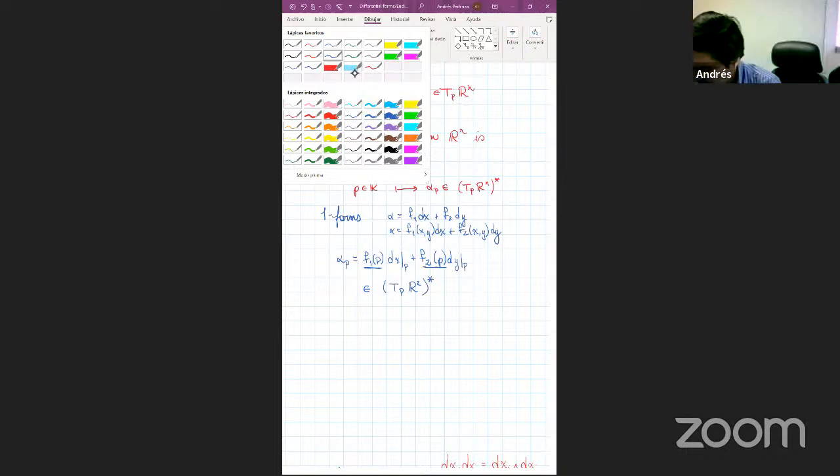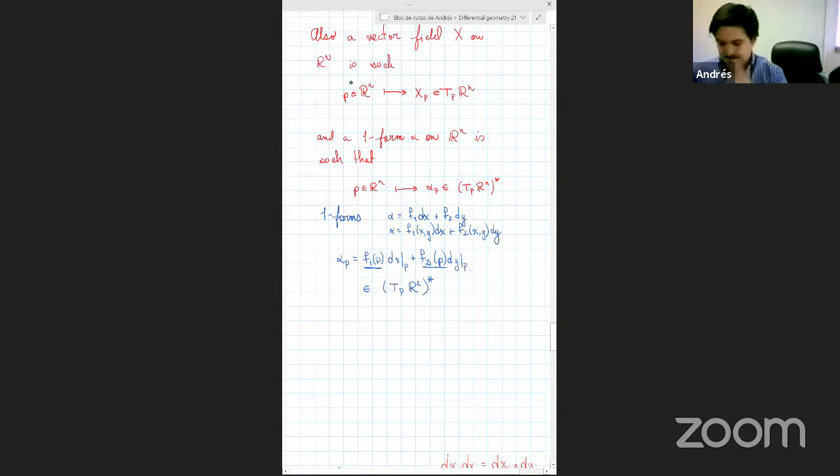Yeah, so the way to think about all of this is basically when you were studying linear algebra, you have one point, only one, a single point, and above that point you were doing linear algebra. You have your vector space, your dual vector space, the sum of two vector spaces, whatever.